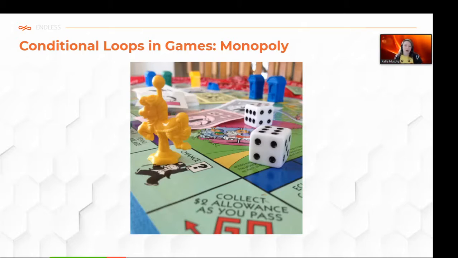So the condition of this loop on the player's turn ultimately ends up being how much money they have, right? So either you're doling out your money, you're making money on other players' turns, or you're making strategic decisions based on the spaces you own.